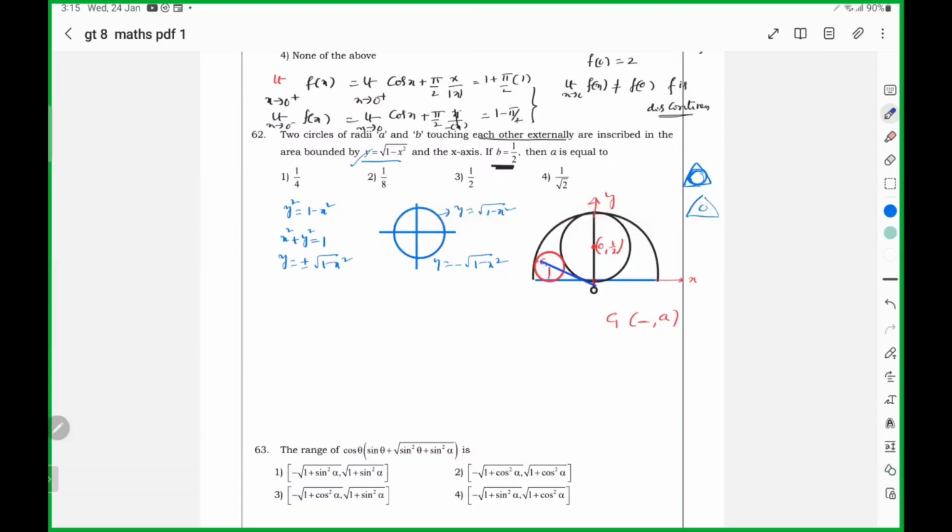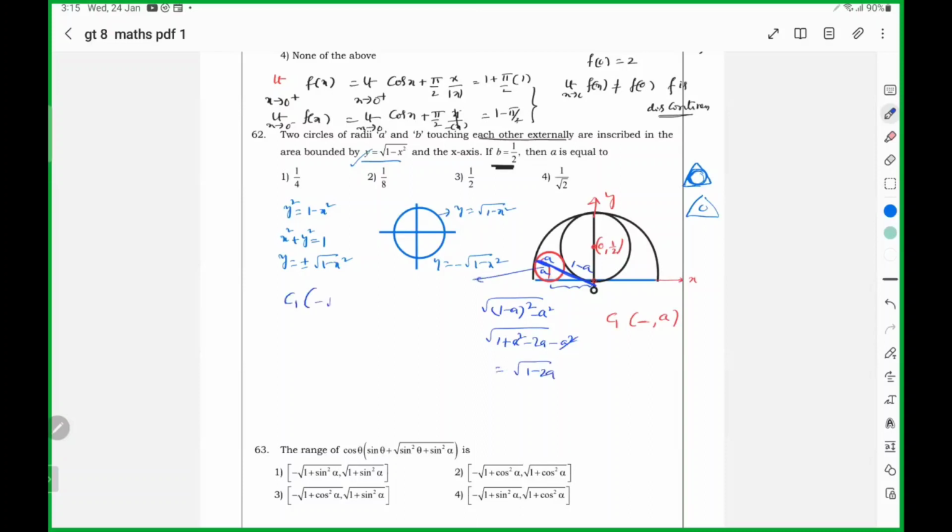So this is a. It will be 1 minus a. So this is a. This will be root of 1 minus a whole square minus a square. So 1 plus a square minus 2a minus a square, which is 1 minus 2a.